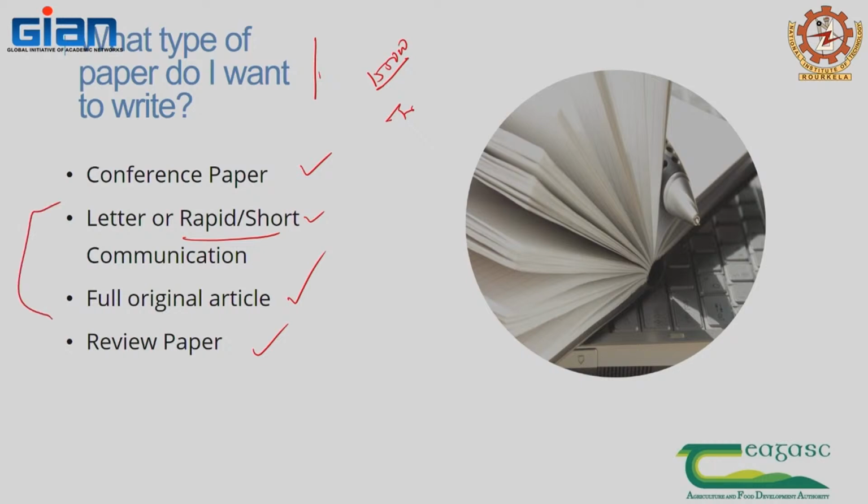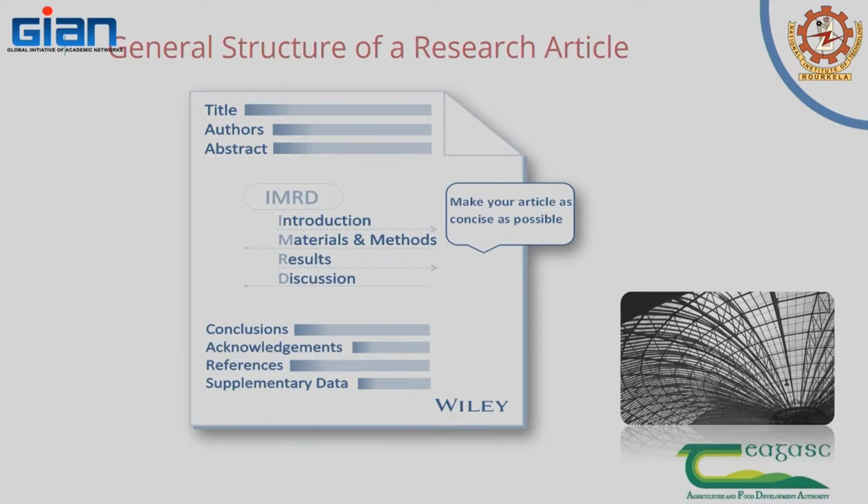Next one. Now, this is the general structure of any research paper or any thesis or any report. In a lot of places, in certain institutions, the thesis is written such that published research papers are added straight into the thesis.